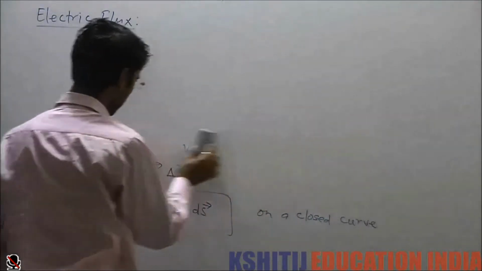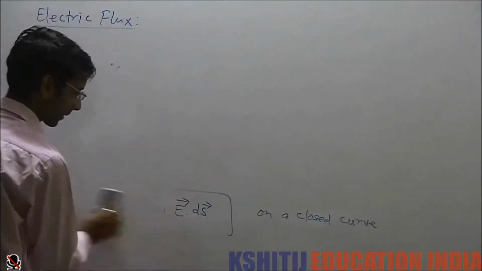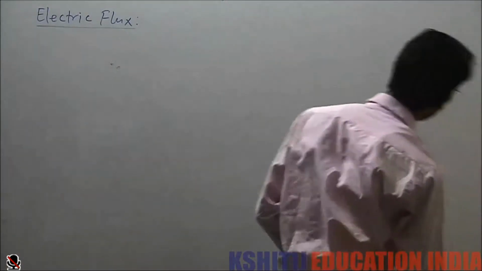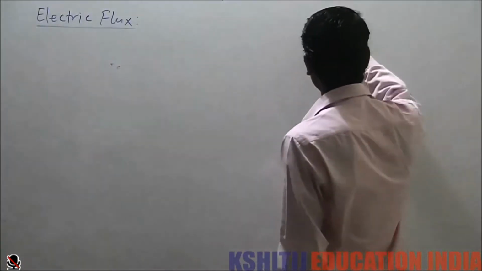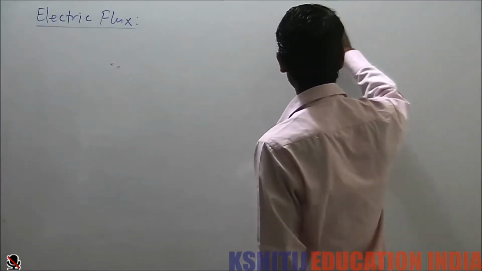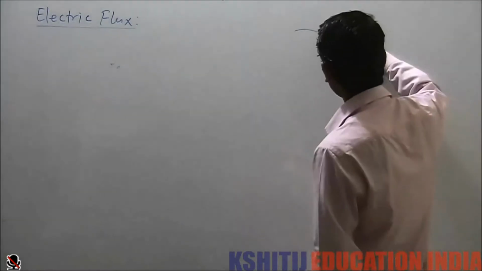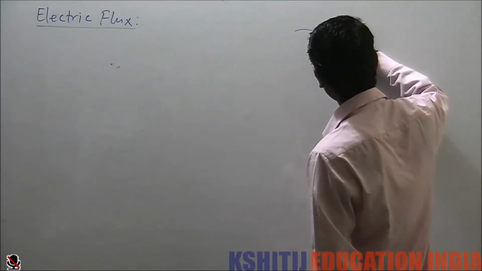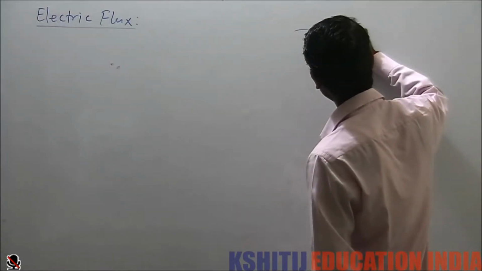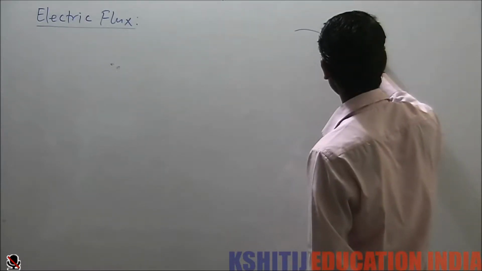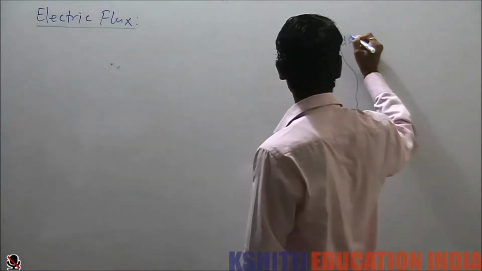So you can say that if we have any surface, let's say I'm just considering one section of the surface, and if we are interested in looking at this differential element, we are considering this to be the differential surface vector.